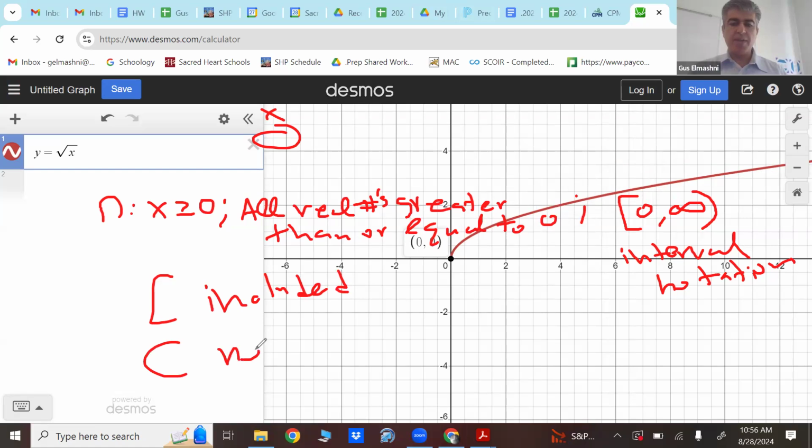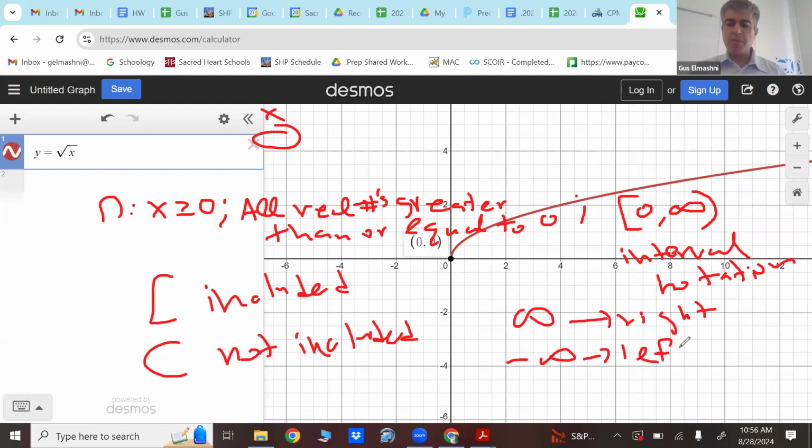The parenthesis is not included. Infinity means you go to the right. Negative infinity means you go to the left. Clearly, we're going to the right. And of course, it starts at 0. So that's how you'd write it.